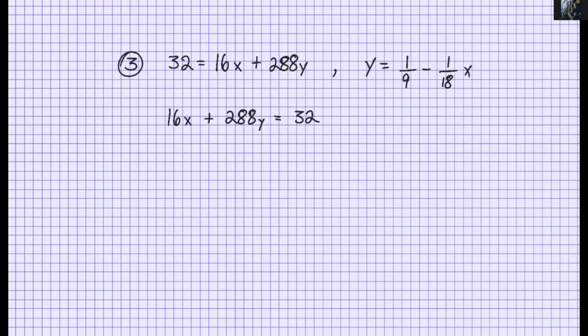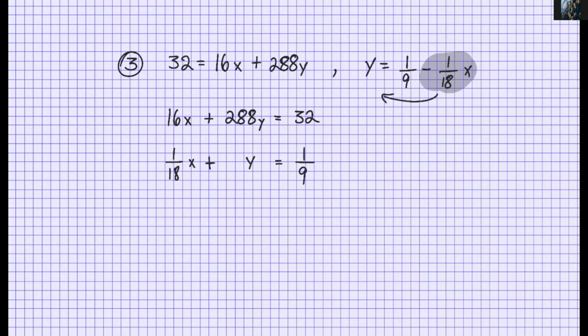Now, in the second equation, I will just have to move this x that is subtracting to the other side. So let me write it here. I will have 1/18x plus y equals 1/9.